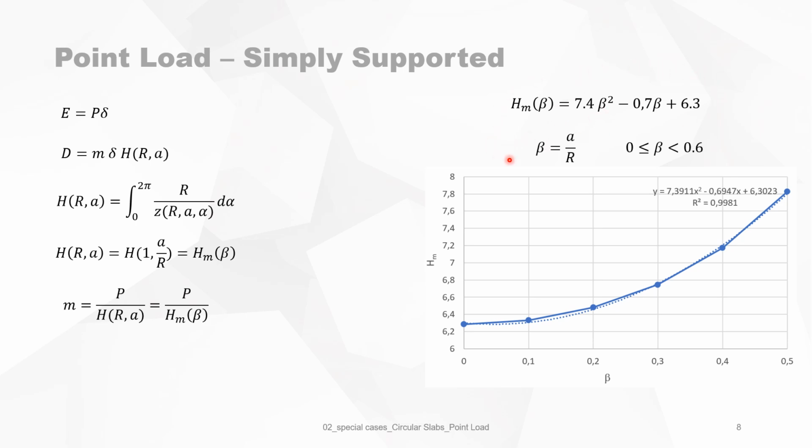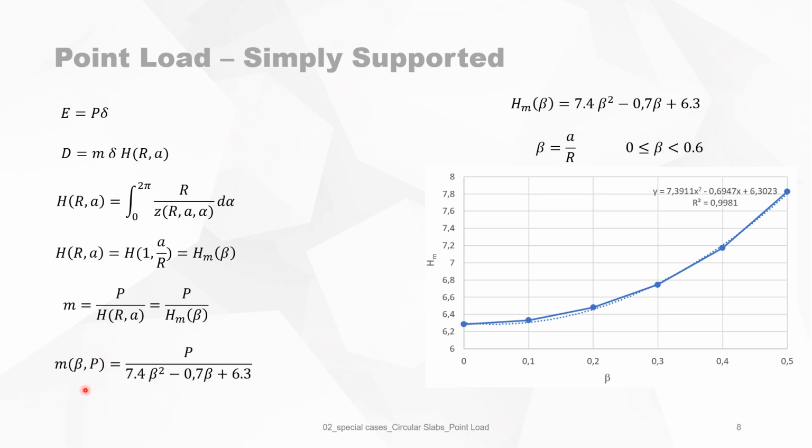This means also beta is a over r, and beta could be between 0 and 0.6, because when this curve is approaching infinity it does not obey this fitted curve. So that's why, to have a certain range of confidence, I limited beta to 0 to 0.6.